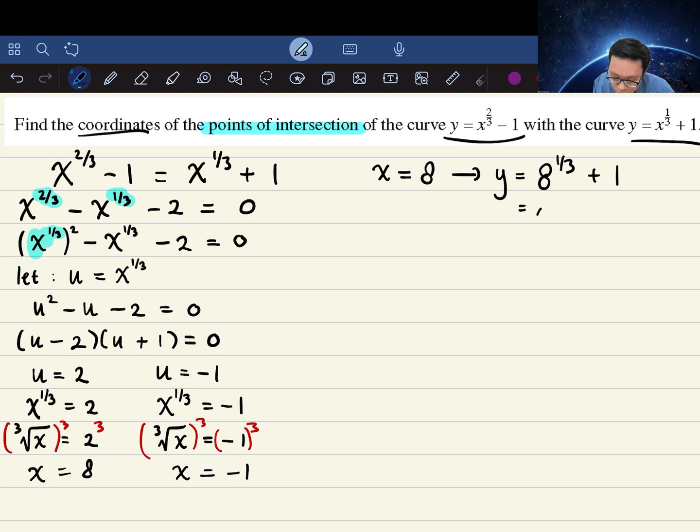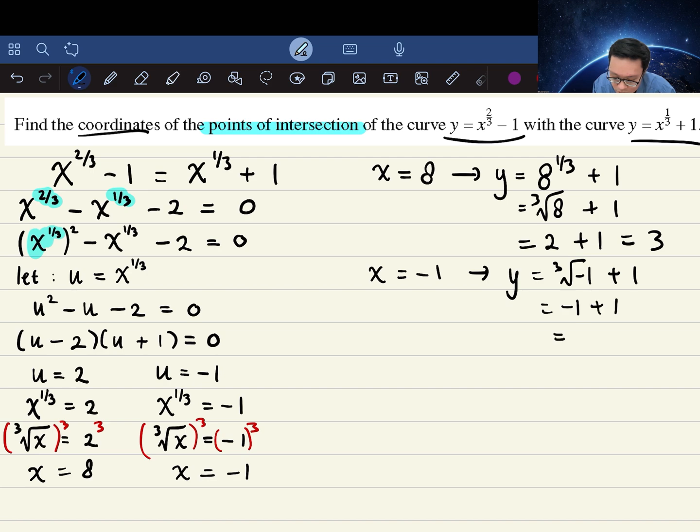So it gives you cube root of 8 plus 1, which equals 2 plus 1, equals 3. Now the second one, we have x equals minus 1. So we plug into the second equation, it becomes minus 1 to the power of 1 over 3, or we can just rewrite it as cube root of minus 1 plus 1, which equals minus 1 plus 1, which equals 0.